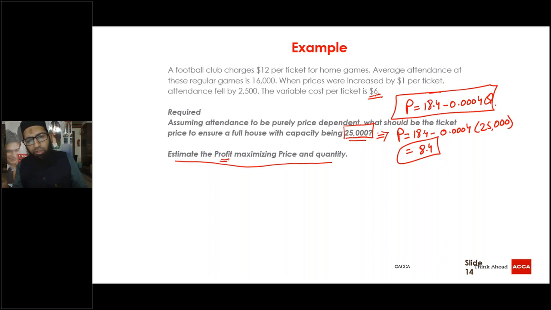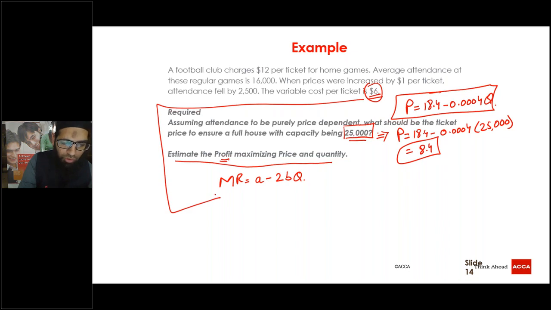The third step is to find the value of Q using the MR equation. MR is equal to A minus 2BQ. We know that MC and MR should be equal. Because the value of MC is $6, the value of MR should also be $6.